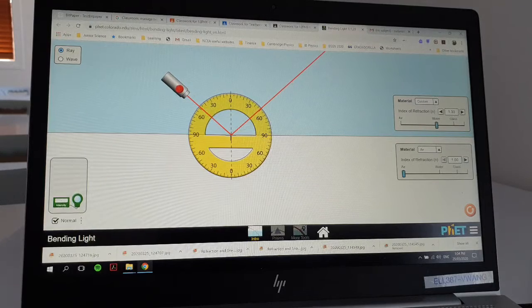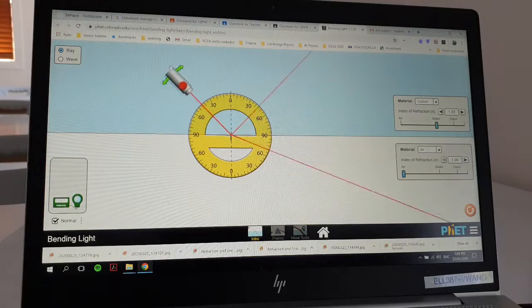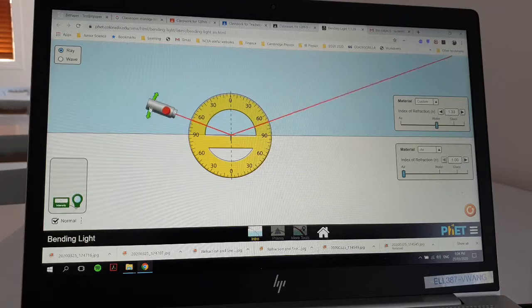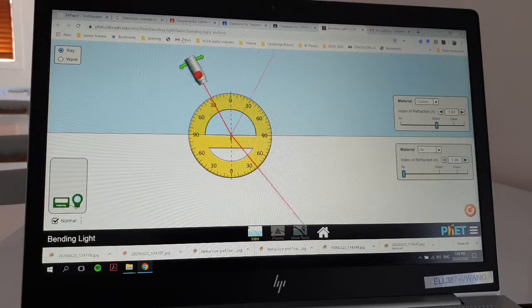So you can see the critical angle depends on the medium, and it can be calculated using the refractive index. We'll see how to calculate it in the next video. But first, there is a critical angle. When it happens, the refraction angle becomes 90 degrees, and once we pass that, that's total internal reflection. Once we're below that, that's refraction.